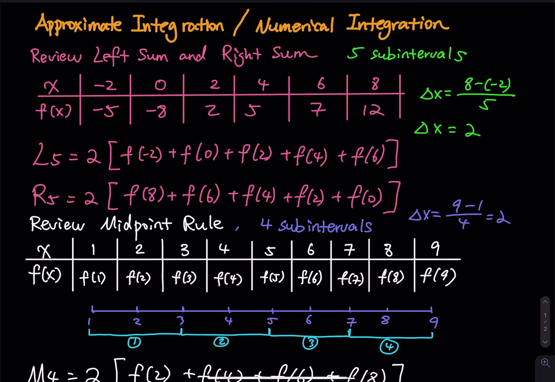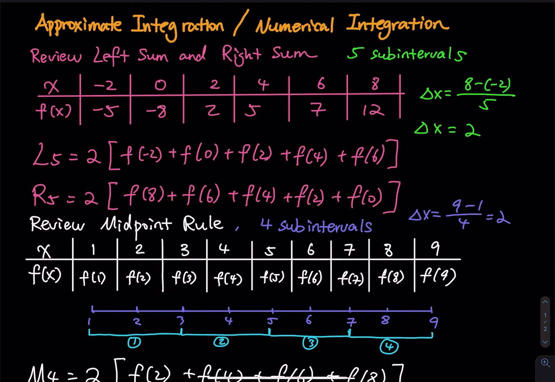After you distribute the 2, the 2 is the base, and f of -2 is the height of the rectangle. So base times height gives you the area of one rectangle. The next rectangle has base 2 times height f of 0, and the next has base 2 times height f of 2. After you add the y values and multiply by 2, you get the left sum.